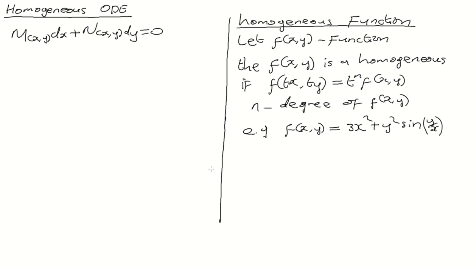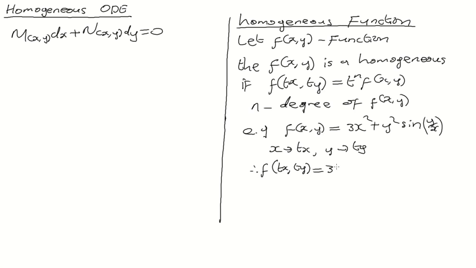Then let us check if this function is a homogeneous function or not. So how do we check? We check by replacing x with tx. We replace y with ty. So therefore, in our test, we'll have f of tx, ty.